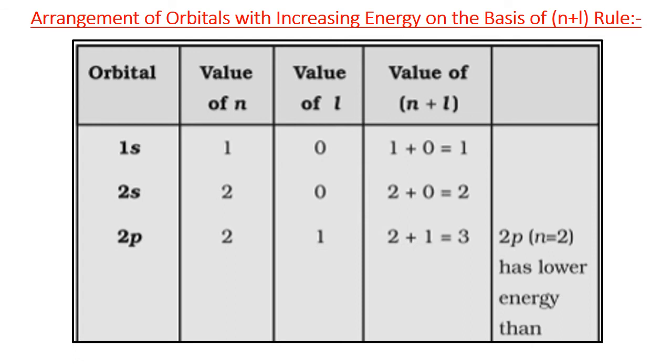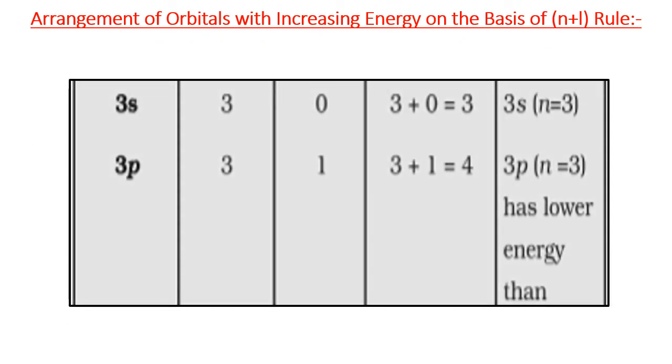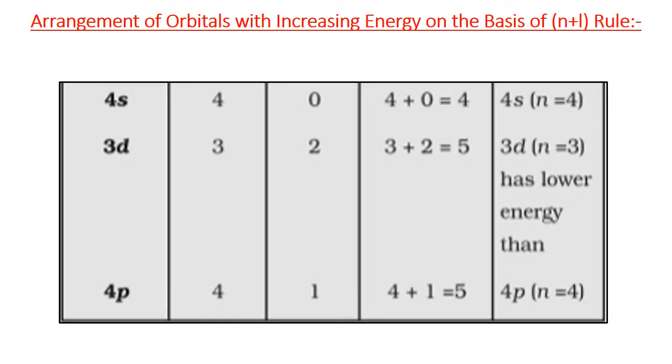And here n is equal to 2 for 2p orbital, which has lower energy than 3s orbital. That means 3s orbital has n value 3 and l value 0. So n plus l value for 3s orbital is 3. n plus l value for 3p orbital is 4. And this 3p orbital has lower energy than 4s orbital, because for 4s orbital n plus l value is 4.